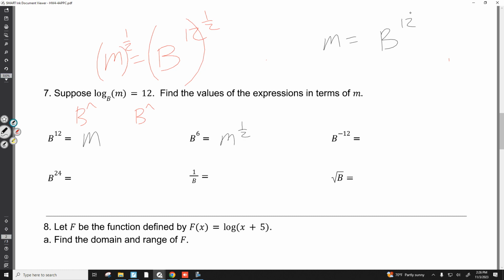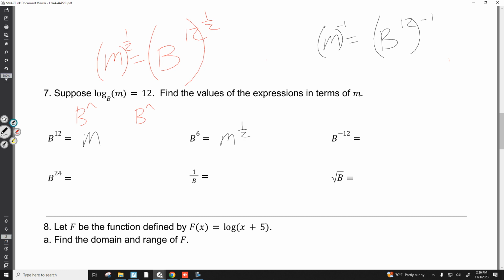What do I take the 12? No, you're wrong, Woods. How can you turn this 12 into a negative 12? Yes, I can. How can you make this power a negative 12? Take both sides to the negative first power.